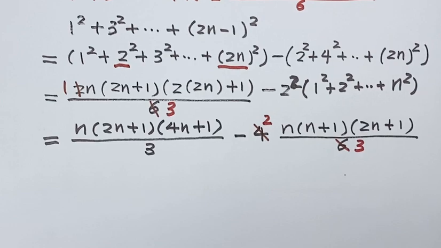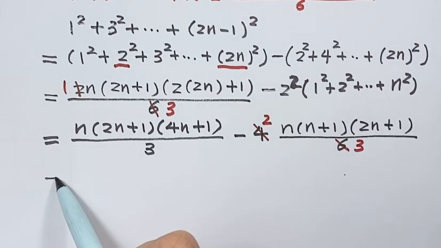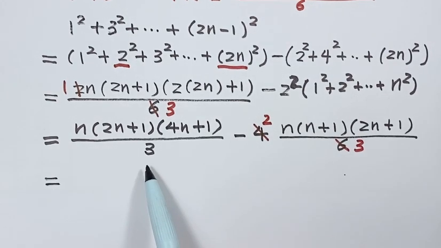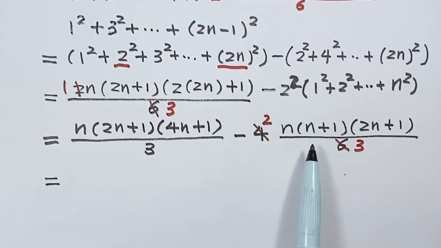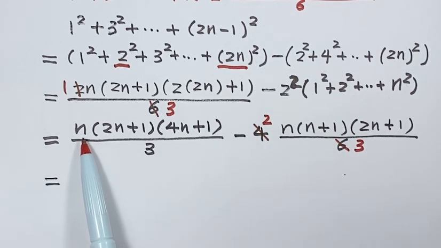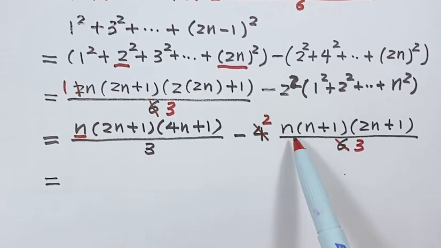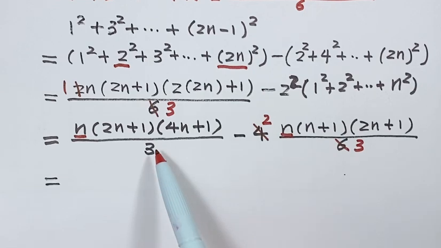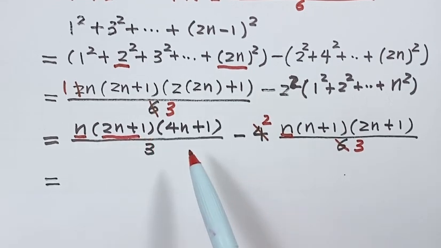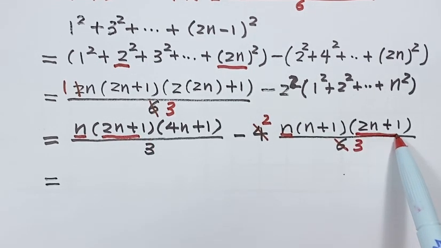In the next line, we take a common factor out. The first fraction has n, and the second also has n. The first has 2n plus 1, and the second has 2n plus 1 also.